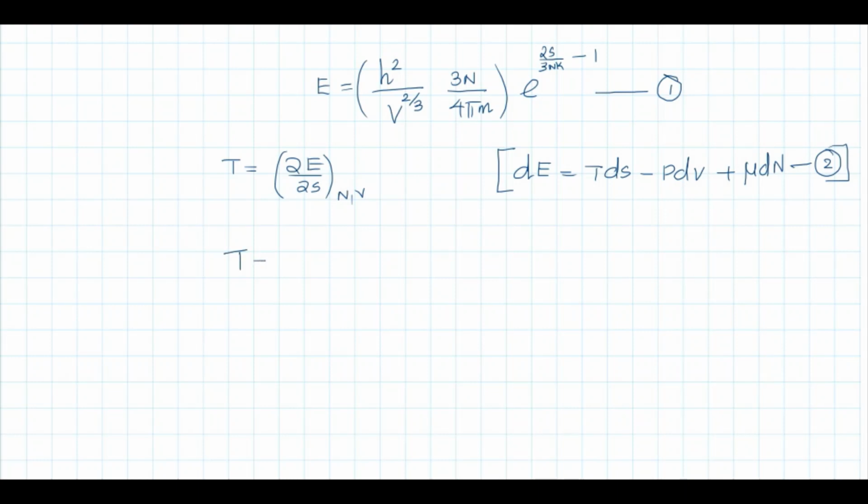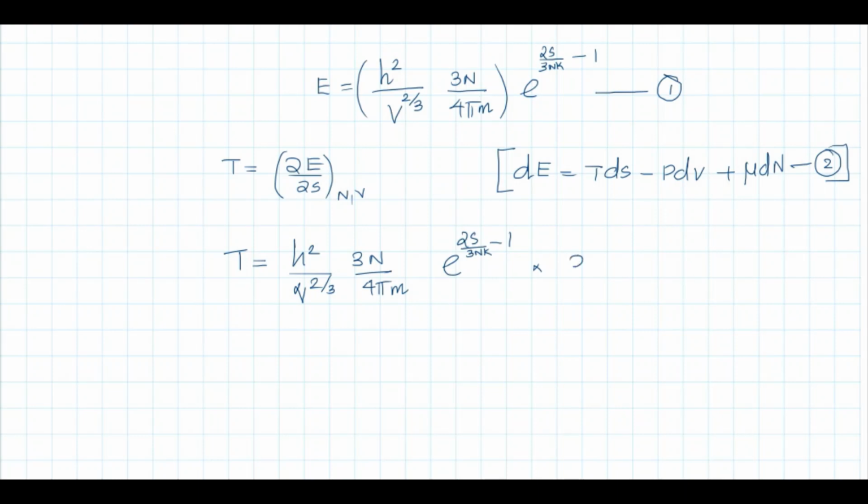So take the derivative of equation 1 with respect to S. This much term, h squared by V raised to 2 by 3, and 3N by 4 pi m, these are all constants. Then e raised to 2S by 3 N k minus 1.